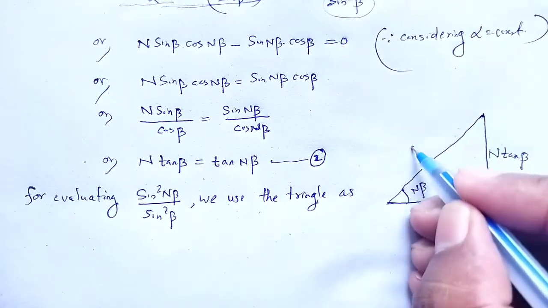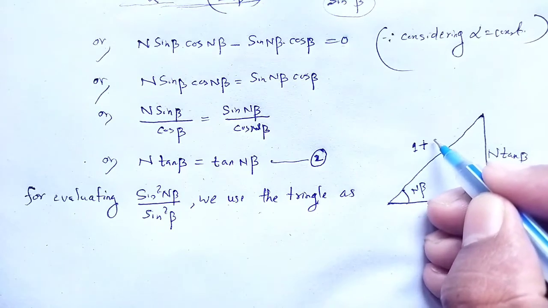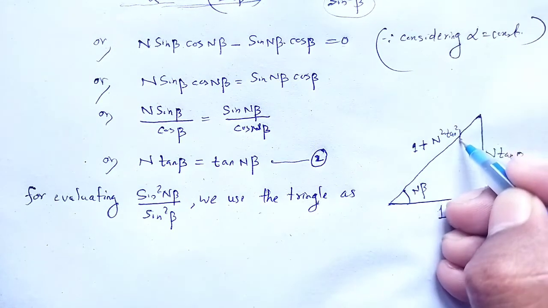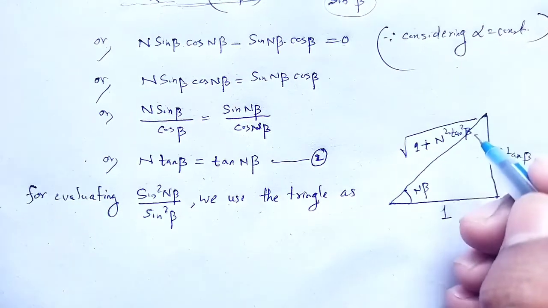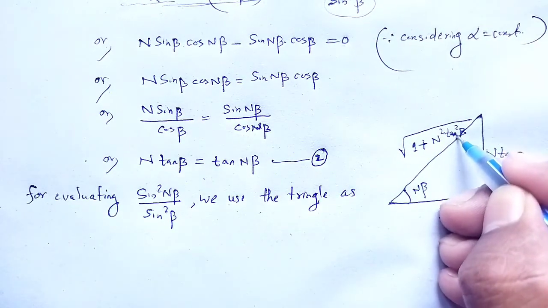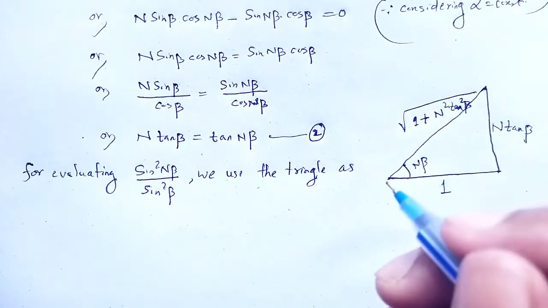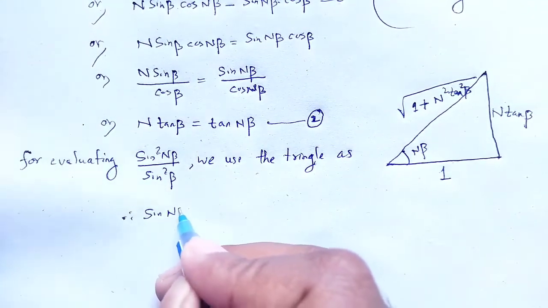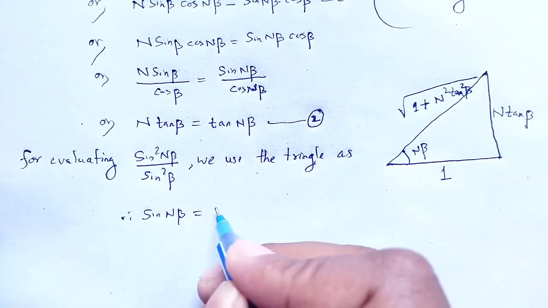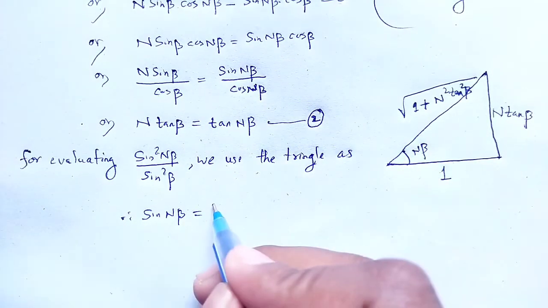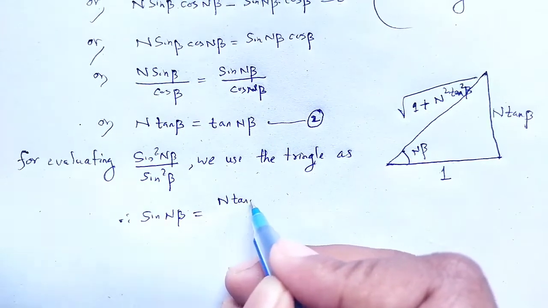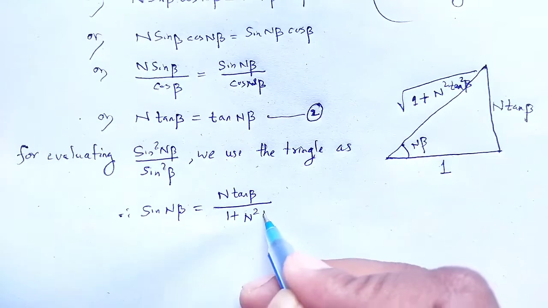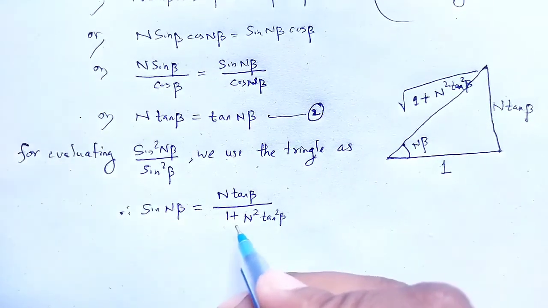So its hypotenuse, according to Pythagoras theorem, is under root of 1 plus n square tan square beta. So sin n beta is equal to n tan beta divided by under root of 1 plus n square tan square beta.